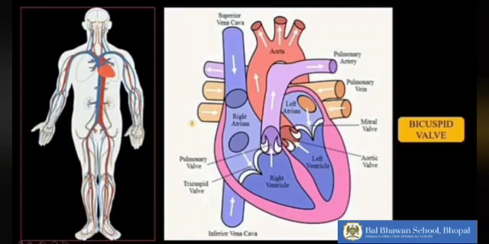Alright. Then just look at the left side of the heart. The left side of the heart, we have the pulmonary vein. This pulmonary vein is bringing the oxygen rich blood to the left atrium. From the left atrium, it will reach the left ventricle. From the left ventricle, it will reach the aorta. Can you see the red colored 3 pipes? Yes, that is the aorta, which is carrying the blood to each and every part of the body.